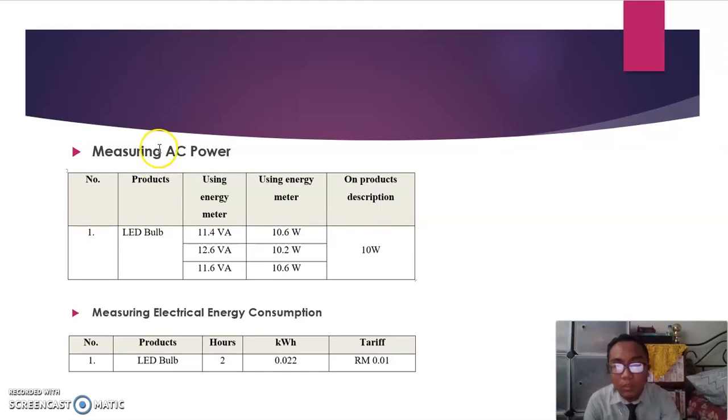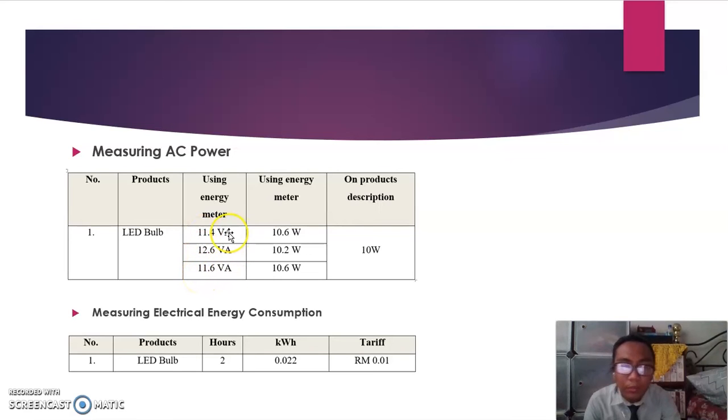And this is the result for the AC power measurement. Like I stated before, the electrical load attached for this project is an LED bulb, which in the product description is 10 watt. Therefore, by using the energy meter, we can see results between 11.4 VA, 12.6 VA, and 11.6 VA.